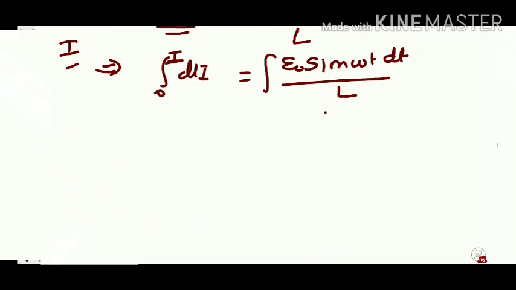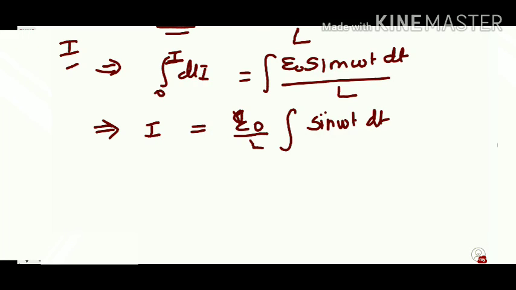Simple, right? Now what can I do? What is the integral of di from 0 to I? It is I. So I is equal to epsilon naught by L, which is a constant term, times the integral of sine omega t dt. Integrating sine omega t, it is minus cos omega t by omega, right?